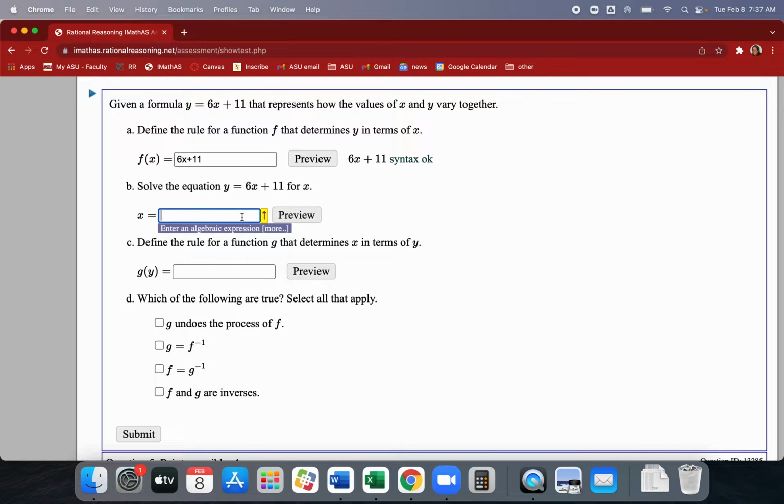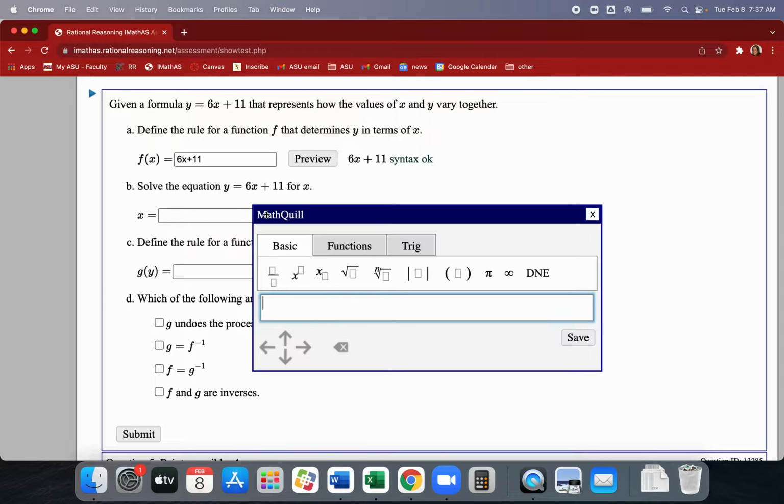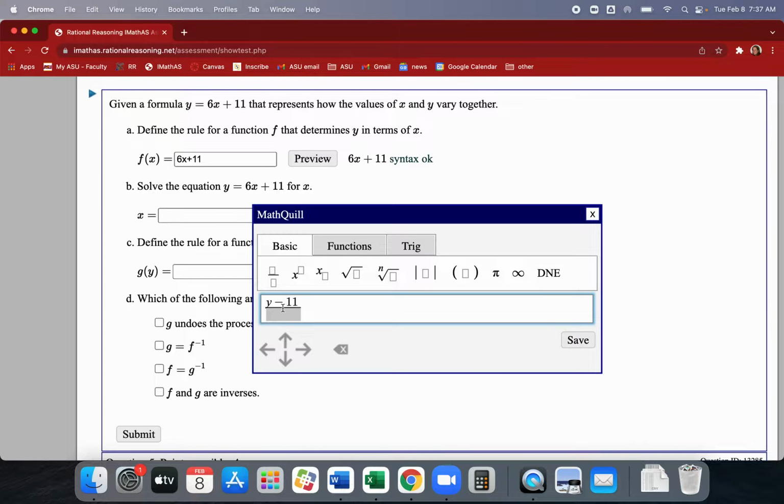So if I want to do that, typing it out in a single line, I might want to be careful and use parentheses, or let me use the math pad here. I'm going to do y minus 11, and then I'm going to divide by 6. I want that to be in a fraction because I want the whole thing divided by 6.